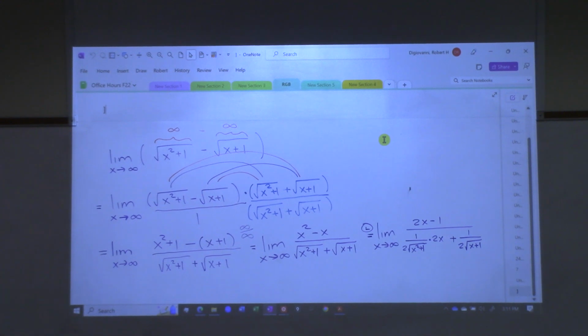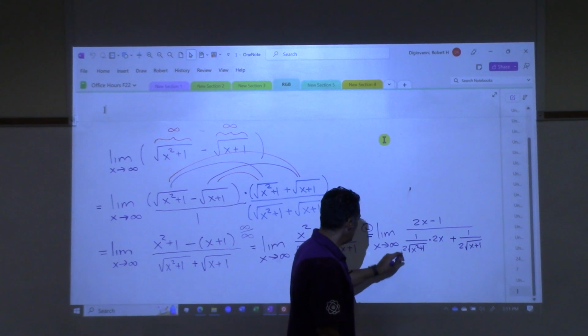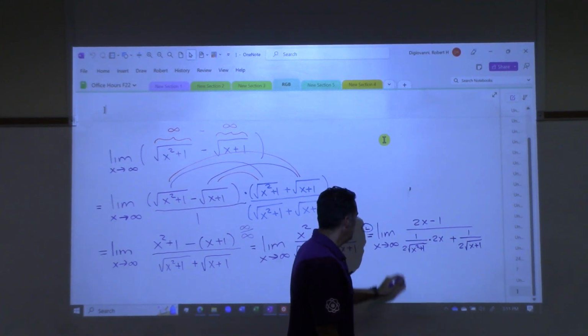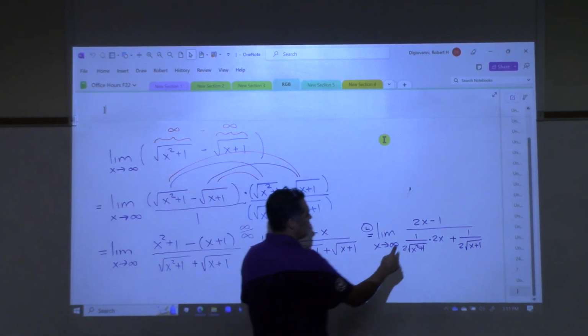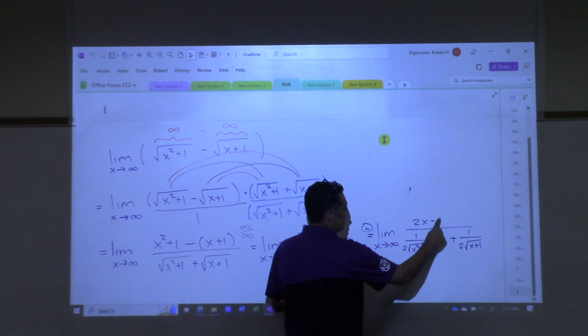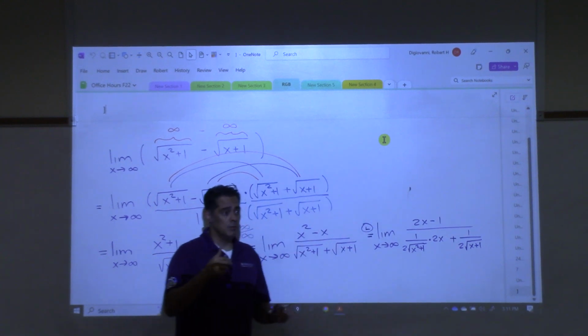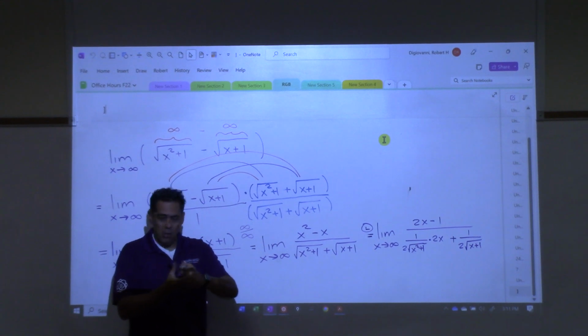What can we do here? Well, you can cancel out a 2 here. You can't cancel these out, though. Let's just check to see what's happening. What's that headed to? Infinity. Okay, this one let's talk about in a second. What's this headed to? 1 over infinity. What's 1 over infinity go to? 0. Fixed over infinity, that gets small.